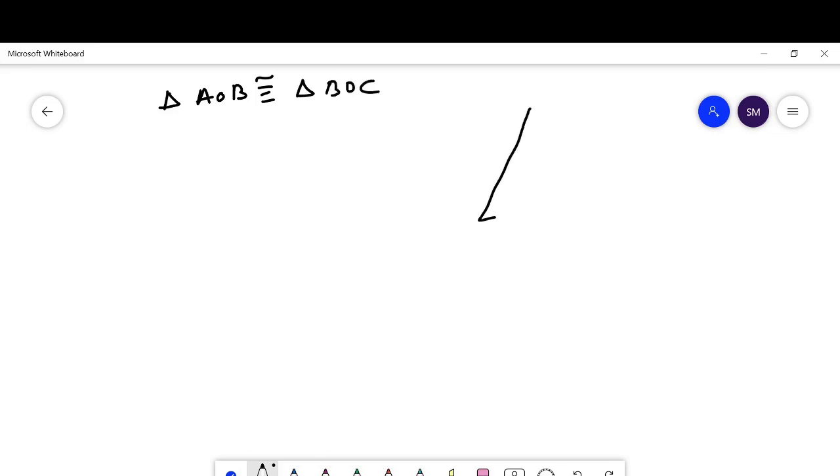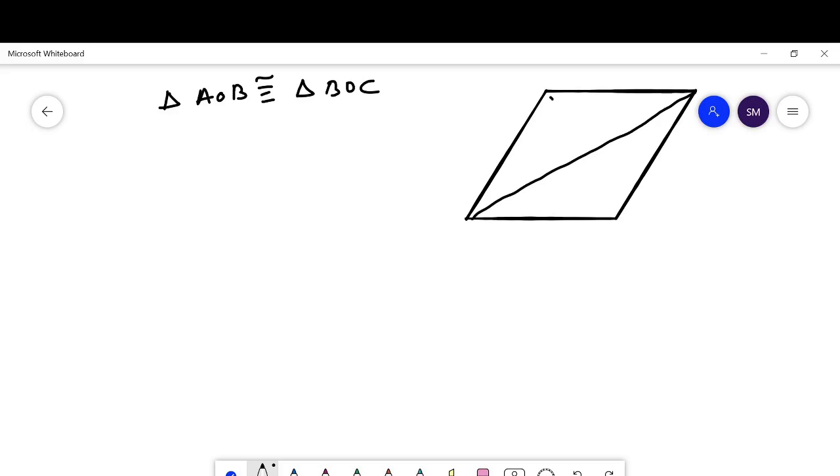Here I have to draw another diagram. ABCD is a rhombus, in which AC and BD are two diagonals which intersect each other at O. Now in triangle AOB, this side is equal to this side, and as the diagonals bisect each other, this side is equal to this side, and this is the common side.